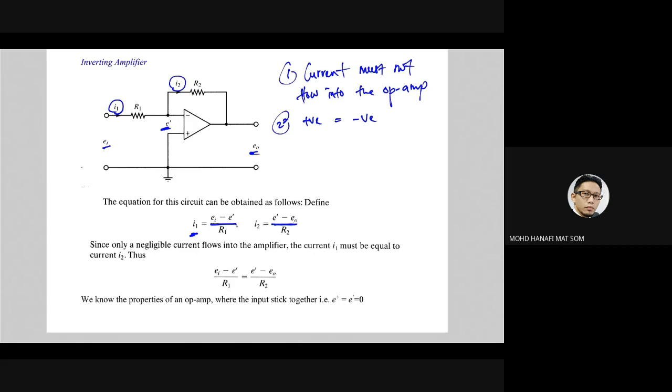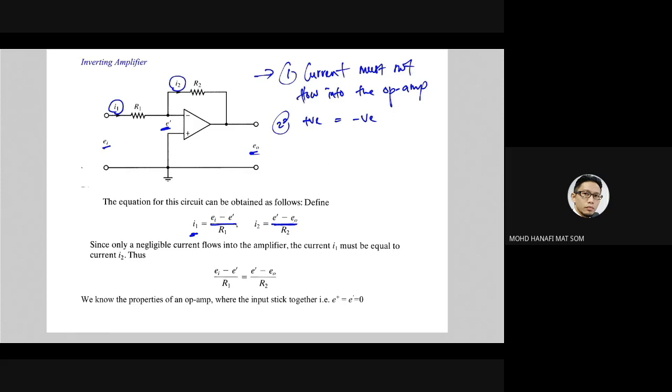Now we have these two equations, and we know from the first rule that the current must not flow into the op amp for the ideal op amp. For the practical op amp, the current that flows into the op amp is very small, so it is negligible.